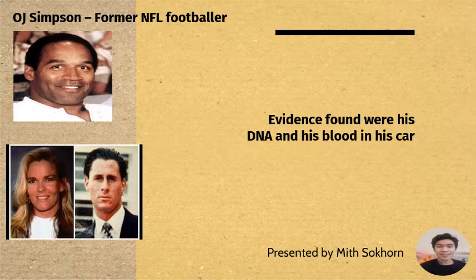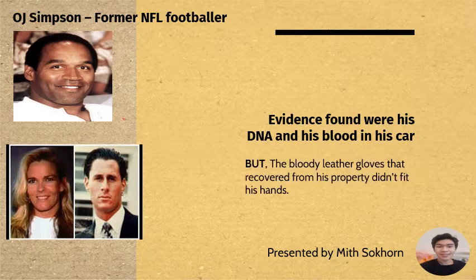One of the highlights of the trial occurred in the courtroom when Simpson tried to pull on a bloody leather glove that had been recovered on his property, and it showed that his hand could not fit into it. Then in the closing argument, it was declared that if the glove does not fit his hand, it means that he was not guilty.